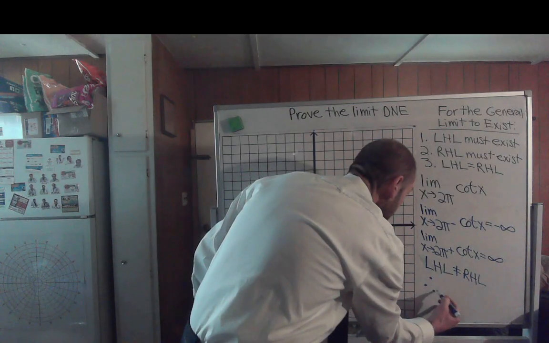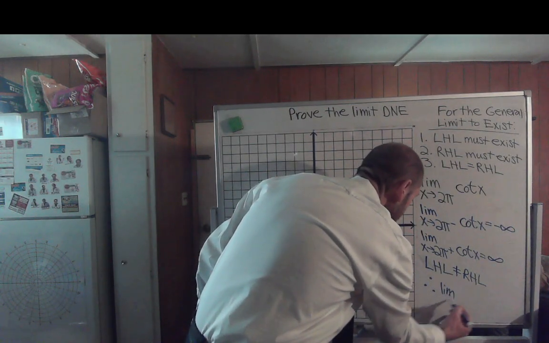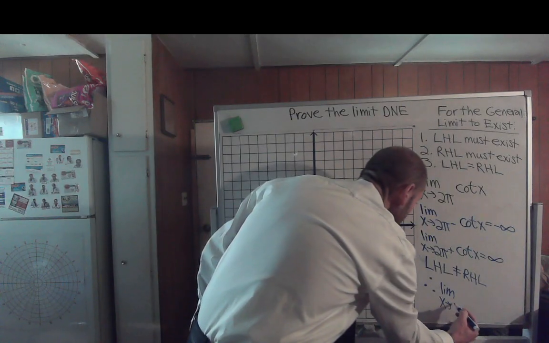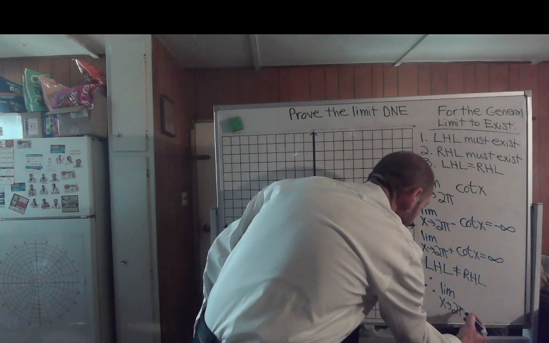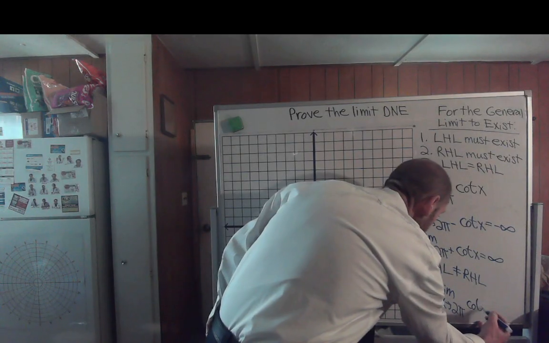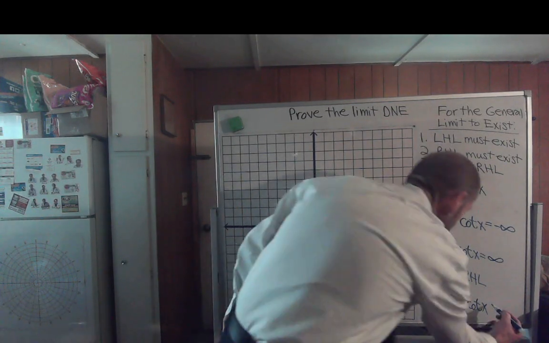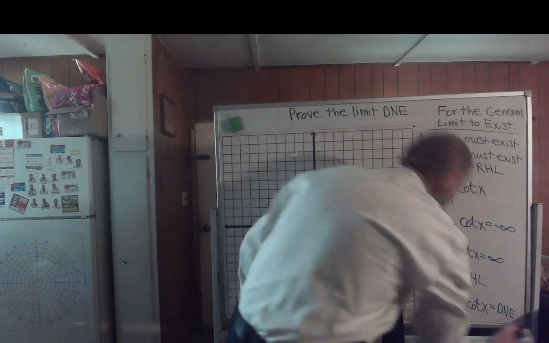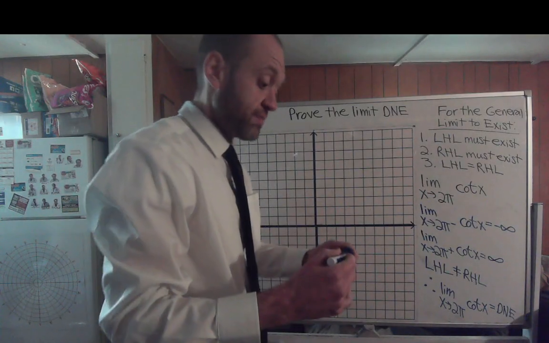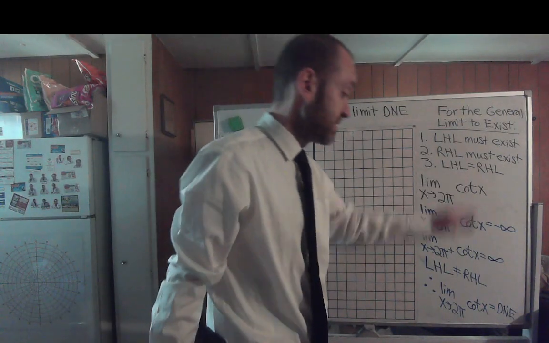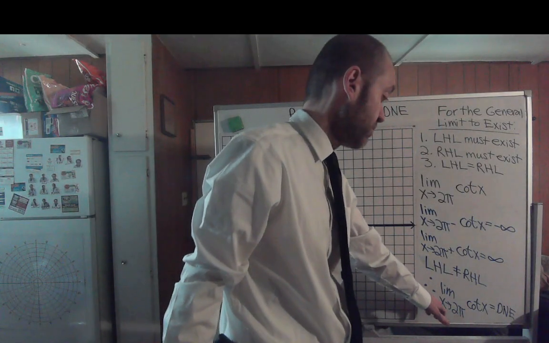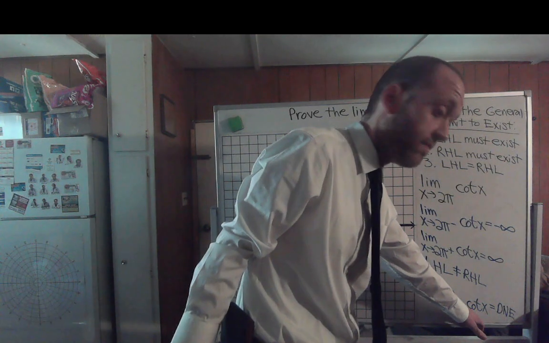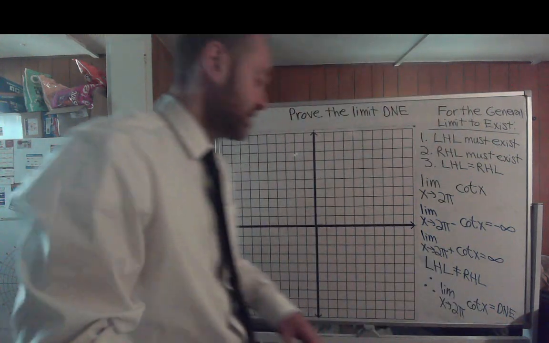Therefore, the limit as x approaches 2 pi of the cotangent of x does not exist. We have shown that condition 3 is violated. The left-handed limit does not equal the right-handed limit, so therefore the limit as x approaches 2 pi of the cotangent of x does not exist.